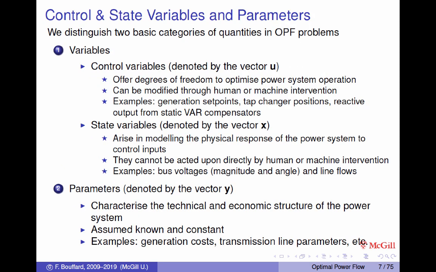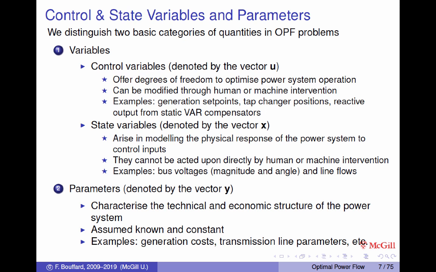As we had in our basic introduction to optimization in the course, we distinguish control variables, state variables, and parameters. Control variables are things we can control, things we can play with that require a human or a machine to intervene. Generator set points, tap changer positions, and reactive power outputs from static var compensators are very good examples.